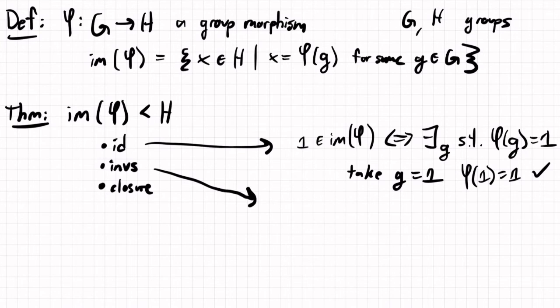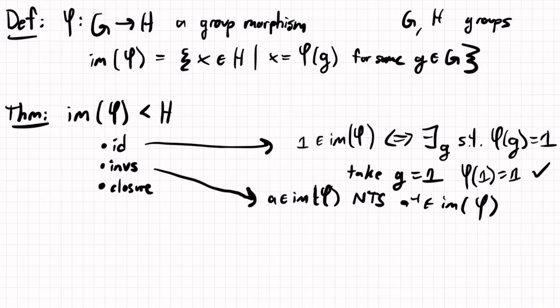Now for the inverses axiom, we'll do something similar. Given a in the image of phi, we need to show that a inverse is in the image of phi. We expand the definitions.